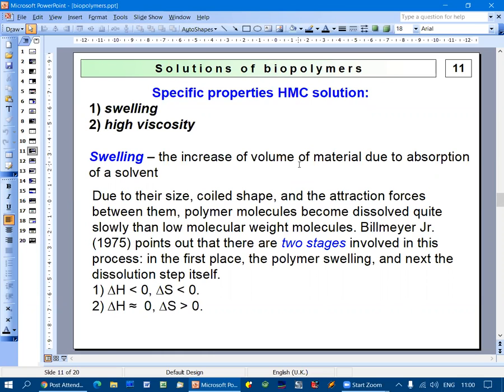This stage, swelling itself, consists of two stages. At the first step, only a small amount of a solvent will be absorbed. Let's speak about protein and water, it will be easier to explain.